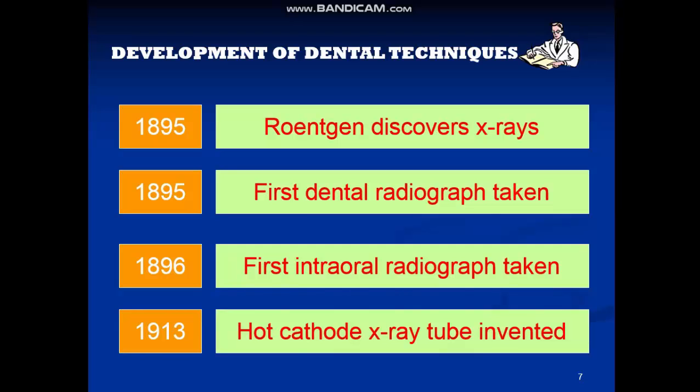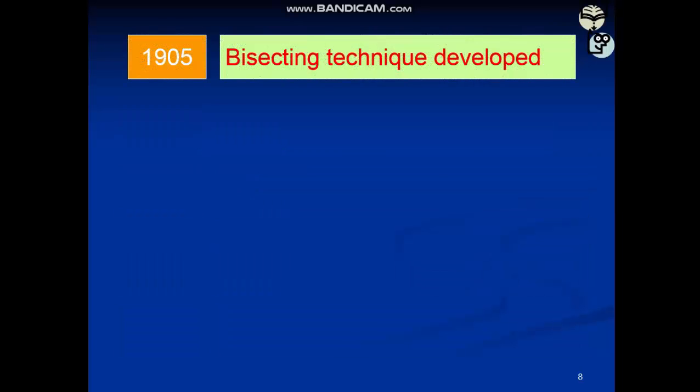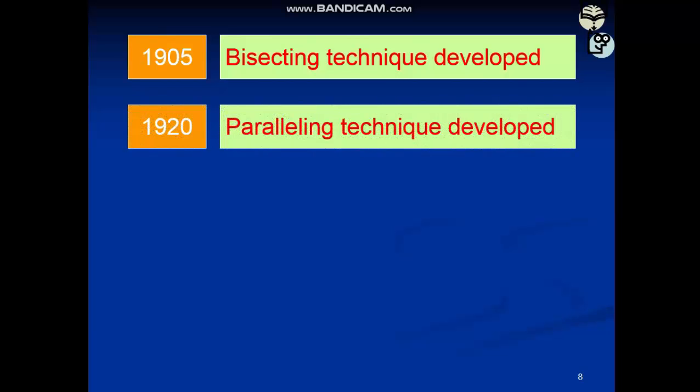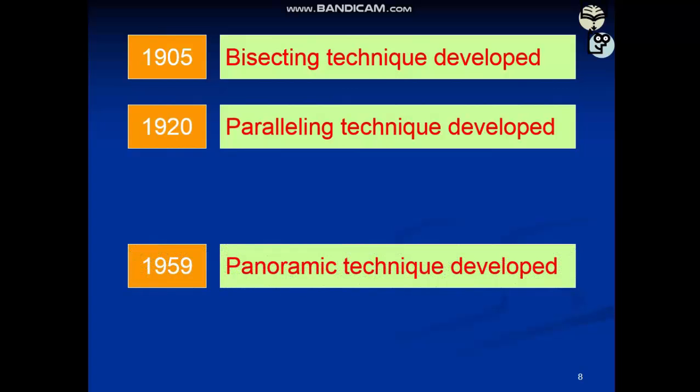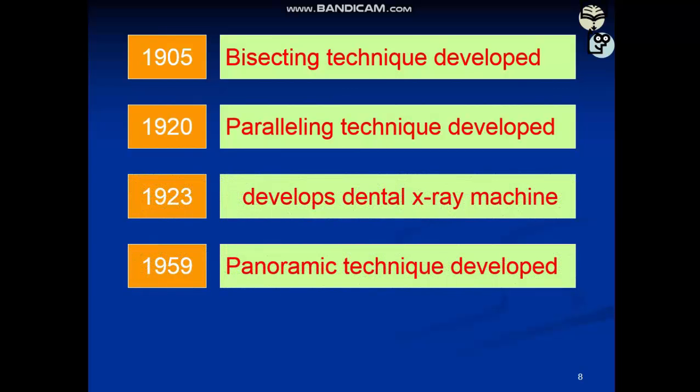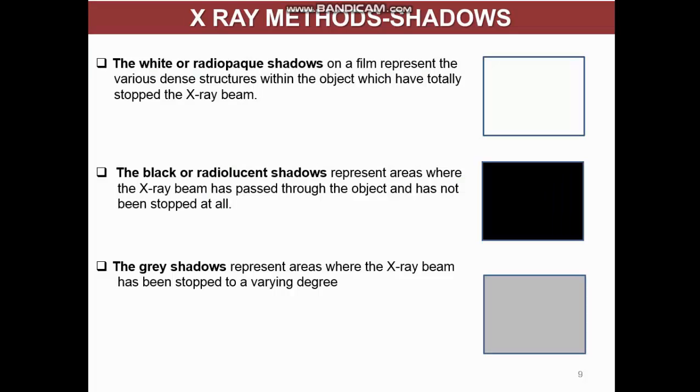After that, the hot cathode X-ray tube was invented, and in 1905 the bisecting technique was developed. In 1920, the paralleling technique was developed, in 1923 the dental X-ray machine, and finally the so important method, the panoramic technique, was developed in 1959.